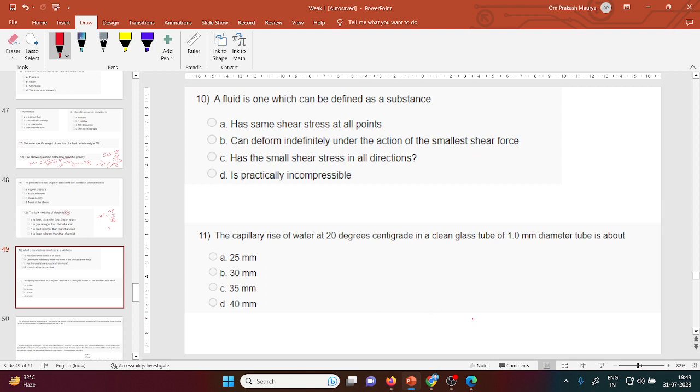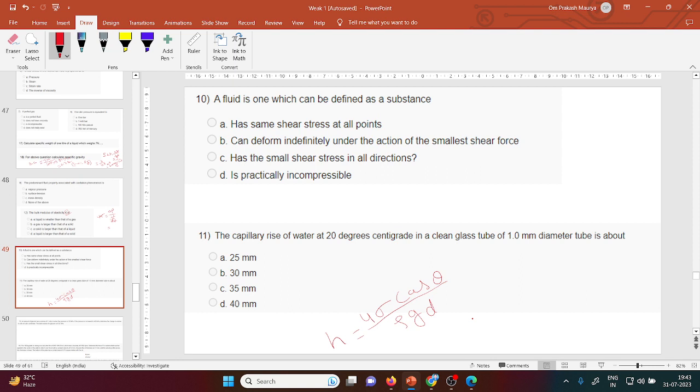The capillary rise is h equal to 4 sigma cos theta divided by rho g d.